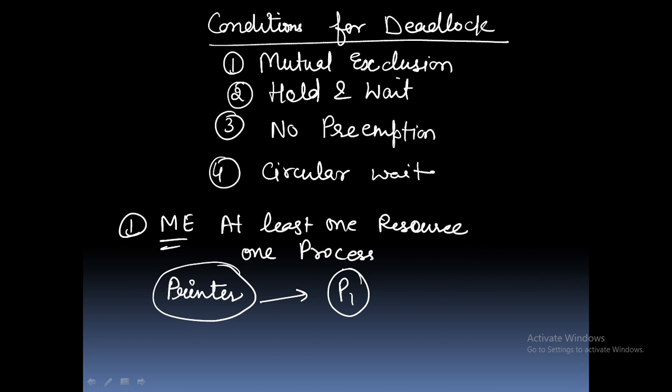And the second condition is when there are two processes and two resources. For example, we have one printer and another is a scanner.